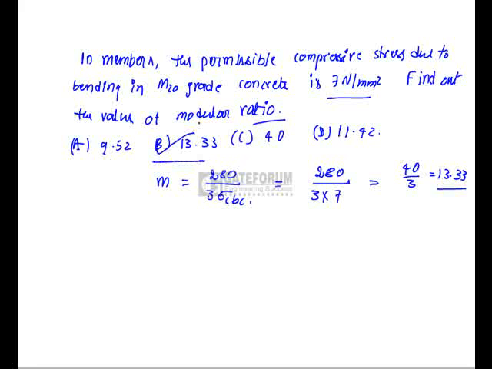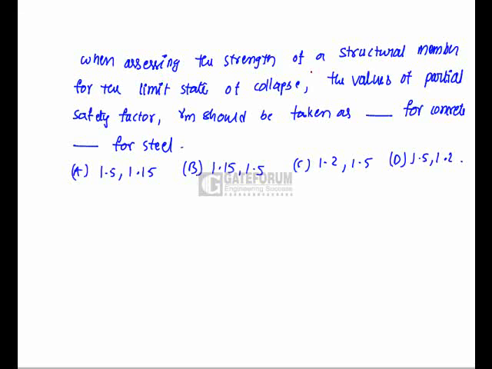Option B is correct. Assessing the strength of a structural member for the limit state of collapse, the value of partial safety factor gamma M should be taken as, for concrete and for steel, we have to know. So by using limit state of collapse, the partial factor of safety that is considered for concrete is 1.5 and for steel is 1.15.